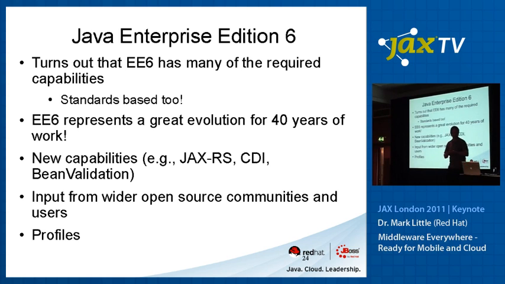Now, this and the next slide are probably my only two Java and maybe JBoss specific slides. I think EE6 really is a good implementation. If any of you have actually looked at EE6, then hopefully you'd agree. If you haven't, take a look at it. It is a significant advancement over EE5, particularly in the area of CDI.